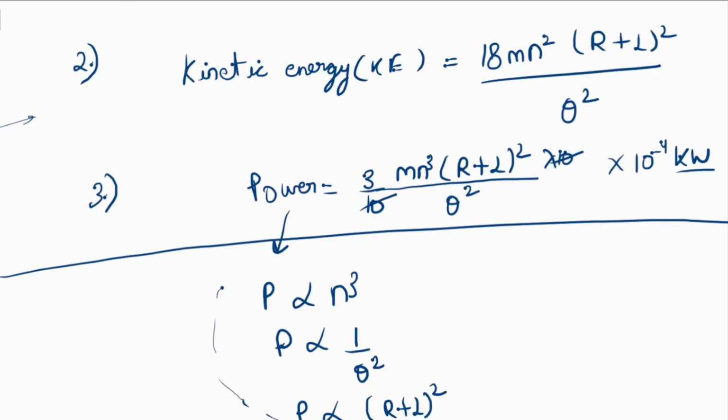So which type of questions are asked in the GATE examination, we will see one by one. The first question is, for a twofold increase in reed width, the picking power of the shuttle loom needs to be increased by how much? Reed width is increased by two times, so the power will be increased by how much?